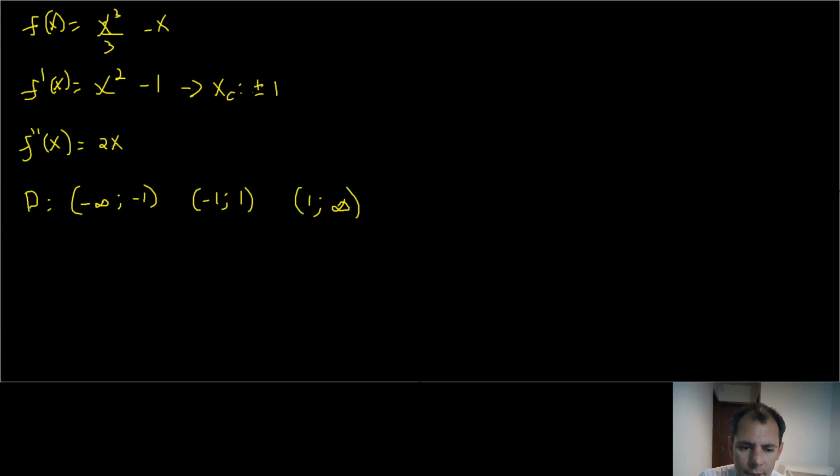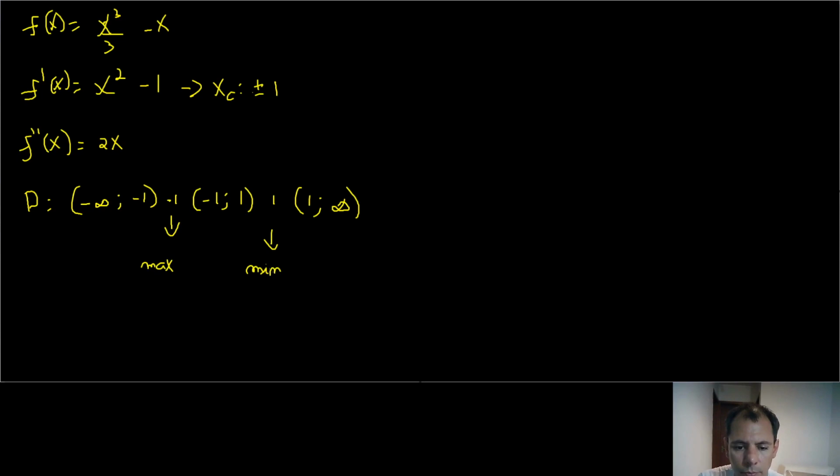So when x is minus 1, the second derivative is negative, because 2 times minus 1 equals minus 2. So this point, the minus 1, I'm going to put a minus 1 here, and here I'm going to put a 1. This minus 1 is a maximum. What about when the point is 1? Well, 2 times 1 equals 2, so the second derivative is positive at 1. So this point 1 is a minimum.